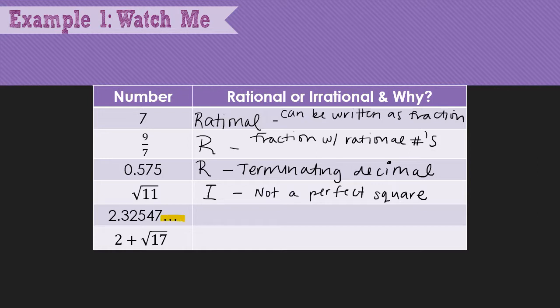So it is non-terminating, making it irrational. And then lastly, we have 2 plus the square root of 17. Since the square root of 17 is irrational because it's not a perfect square, when I add 2 to it, it's still going to be an irrational number because that decimal part is just going to continue and continue.